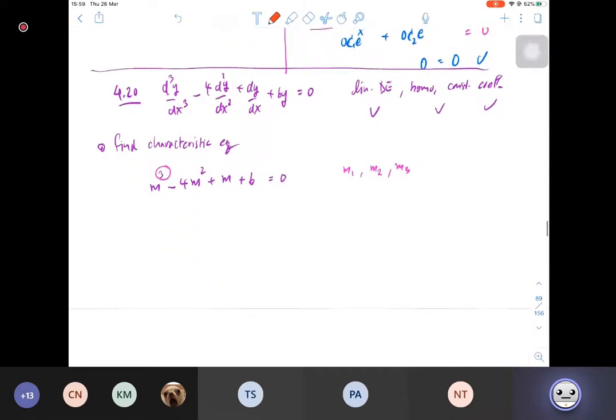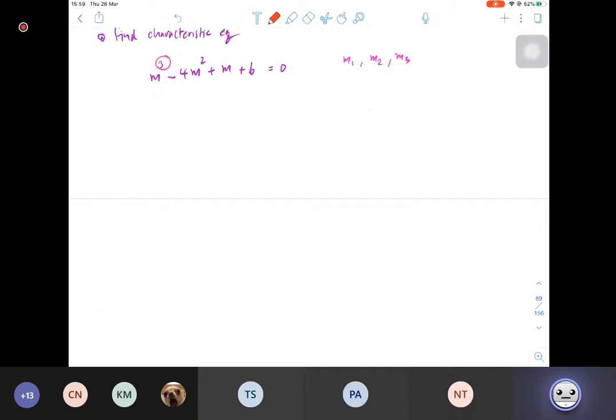All right. Before I forget, now go back to here. You got m cubed minus 4m squared plus m plus 6 equal to 0. How can we find the roots? Someone gave me minus 1, 2, 3. How do you get that? Anyone?